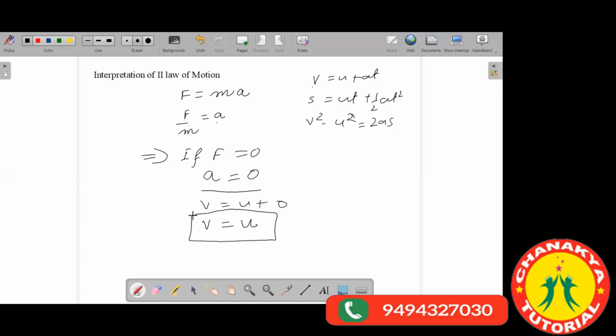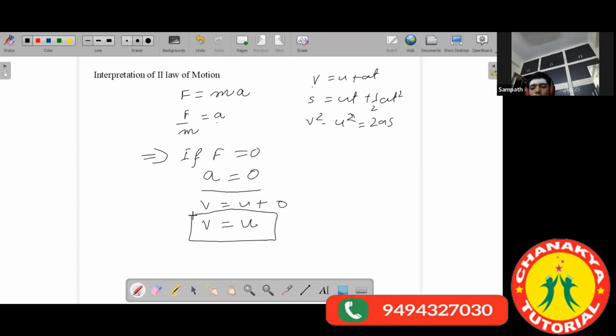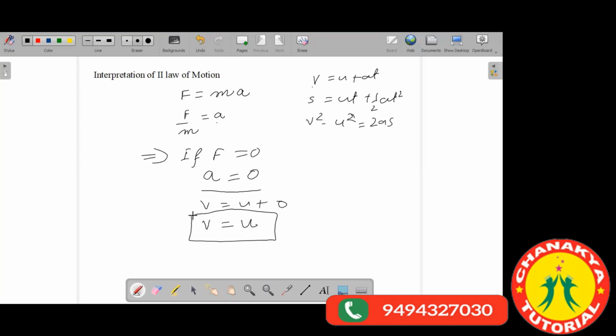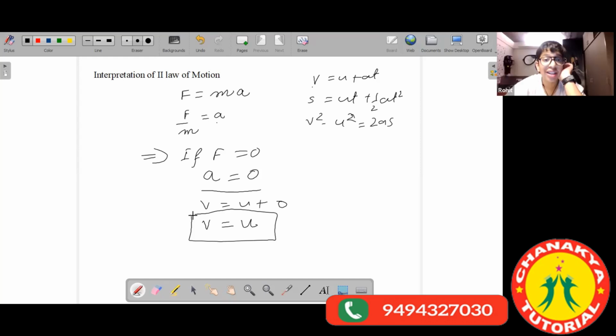So will there be any acceleration? No, sir. There will not be any acceleration, and hence the object will continue to be in its state of uniform motion or in the state of rest. So which law of motion stated this? The first law of motion. Yes.